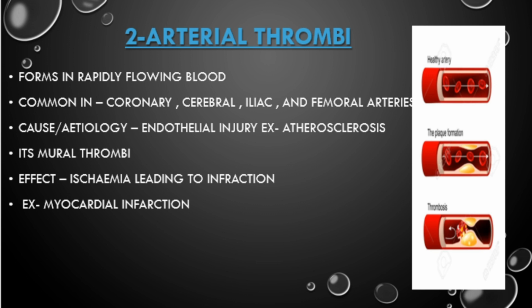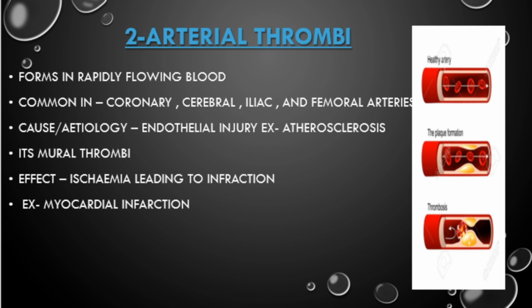The arterial thrombi are formed in rapidly flowing blood in arteries and the heart. This arterial thrombi is common in the coronary artery, cerebral artery, iliac and femoral arteries. The etiology, that is the cause of arterial thrombi, is endothelial injury, for example atherosclerosis. This we have seen in Virchow's triad, that is the causative agents for the endothelial injury.